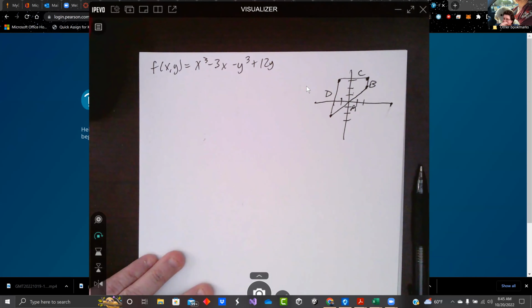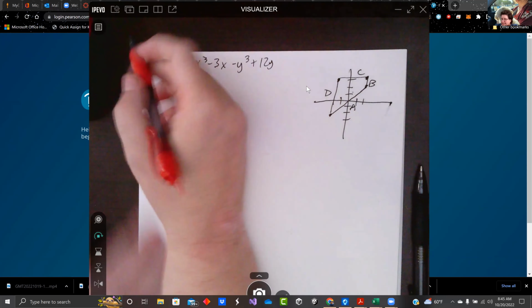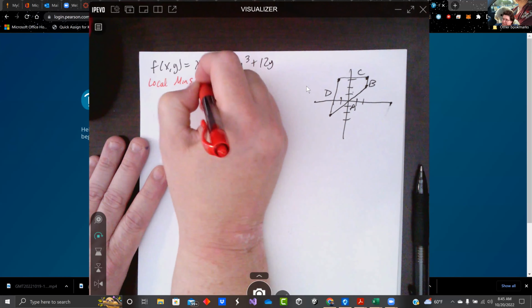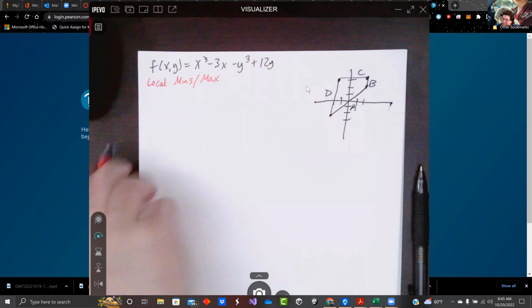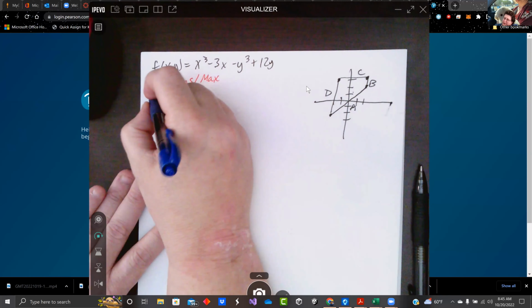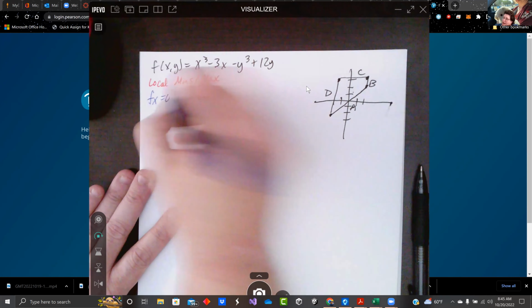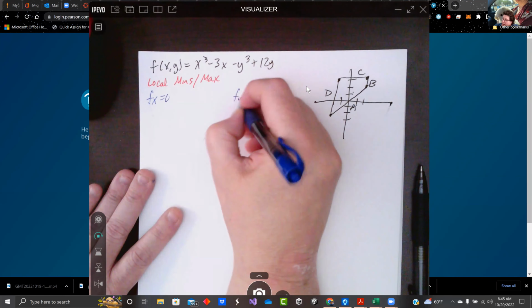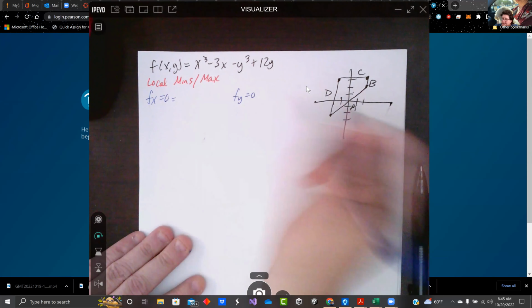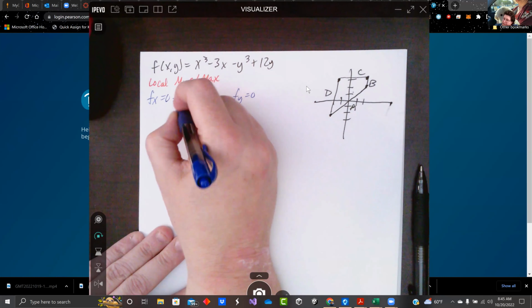First thing we're going to do is identify local mins and maxes. Local mins and maxes will occur where the partial of f with respect to x equals 0, and the partial of f with respect to y equals 0. The partial of f with respect to x is 3x squared minus 3.